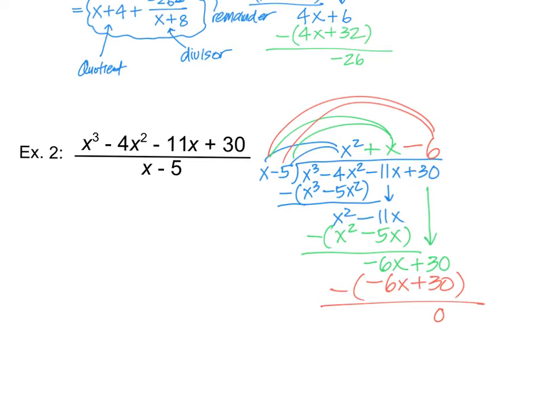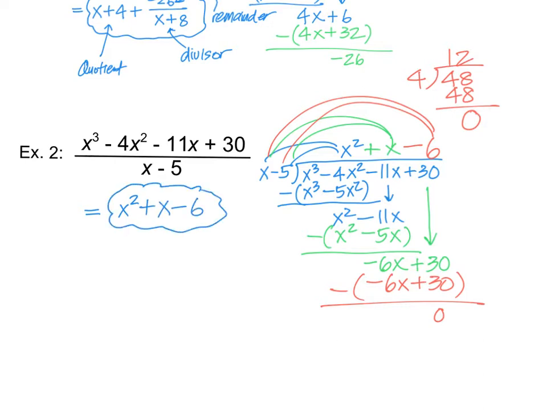When you have a remainder of 0, for example, if I do 48 divided by 4, which is 12, and the remainder is 0, that means that 4 is a factor of 48. 4 goes into 48 perfectly. All right, so the answer here is x squared plus x minus 6 with no remainder.